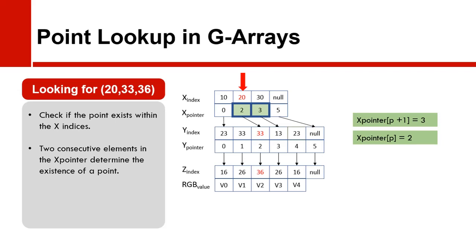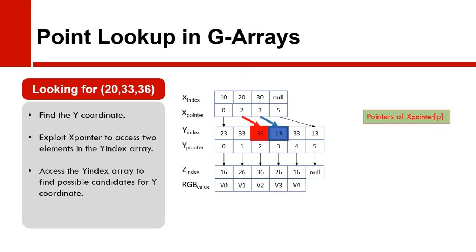To access a specific point in G-arrays, we should first determine if this point exists or not. In this example, we are going to look up a point 20, 33, and 36. For this purpose, it is enough to refer to index 1 of the x pointer array. If the difference between x pointer 2 and x pointer 1 is non-zero, there exists at least one point with x coordinate equal to 20.